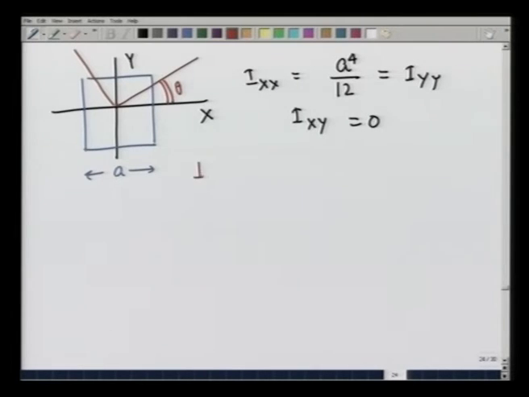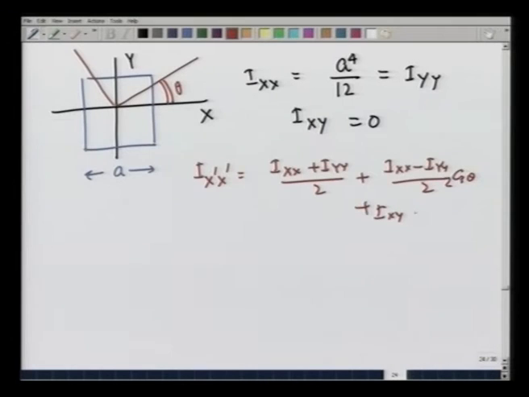So, let me write it in red, I x prime which is equal to I x x plus I y y divided by 2 plus I x x minus I y y divided by 2 cosine 2 theta minus I x y sine of 2 theta, is going to be equal to I x x again.